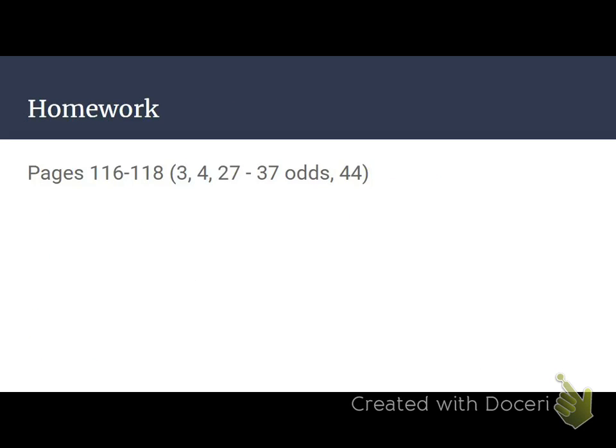We will save example 6, and I'll go ahead and put homework up on the board. We've got numbers 3, 4, 27 through 37, odds, and 44. Some of these may ask you to graph, so you could use the graphs on the back of your notes, graph paper, or you may grab one additional graph paper on your way out.